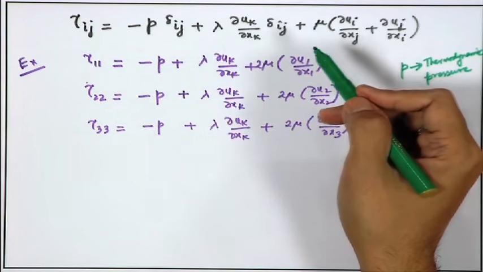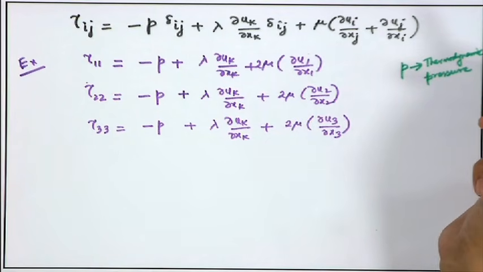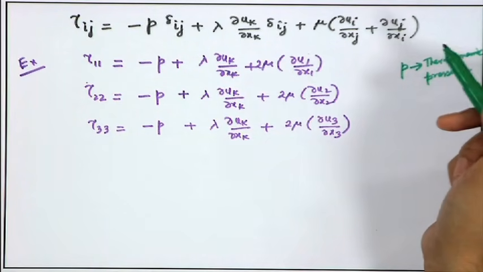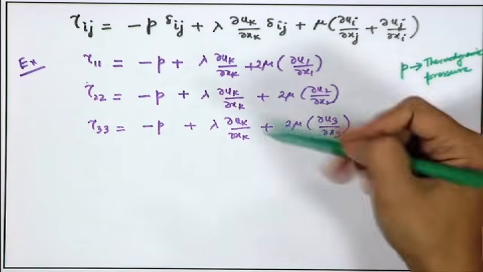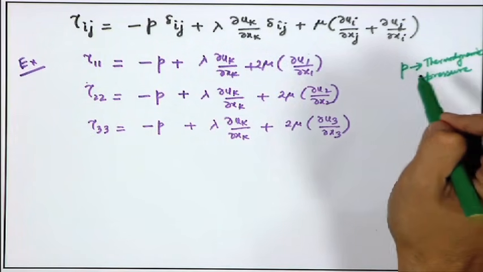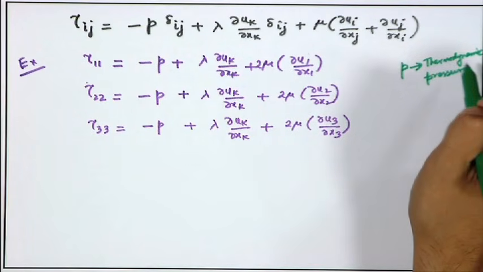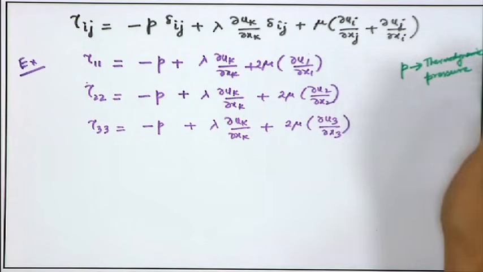For example, for an ideal gas, P is equal to rho R T. So the equation of state relates pressure, density and temperature, and the thermodynamic pressure is that pressure which appears in the equation of state.